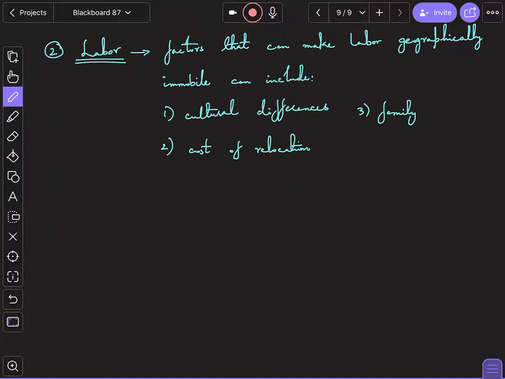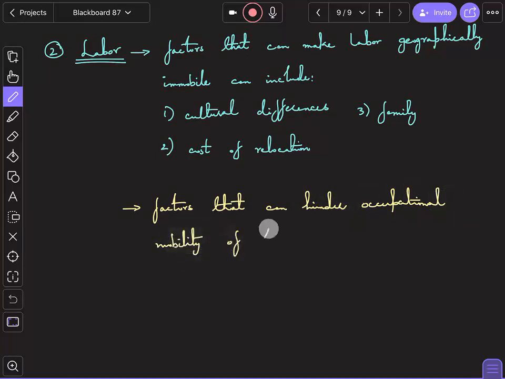For instance, factors that can hinder the occupational mobility of labor can include years of education, or demand for labor in that industry, or attitude towards work.